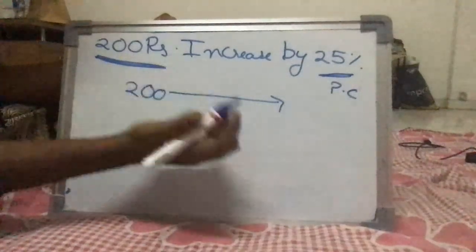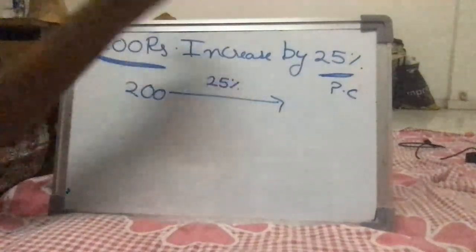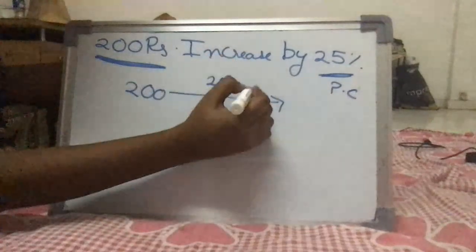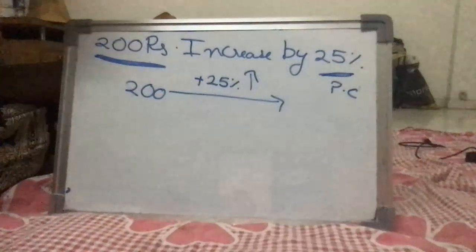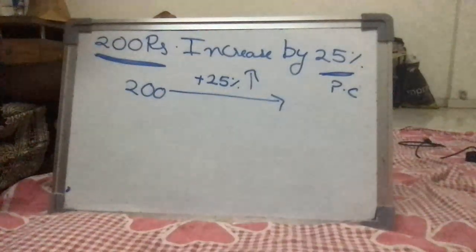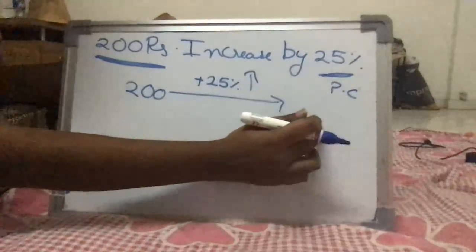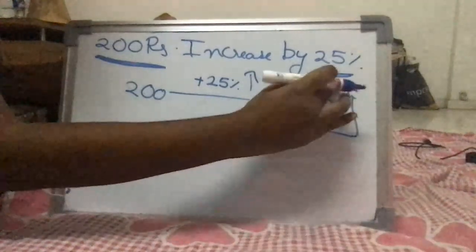My percentage change is 25%. Is this increasing or decreasing? It is increasing, so I'm keeping a plus 25%. Now, I have to find the final amount.